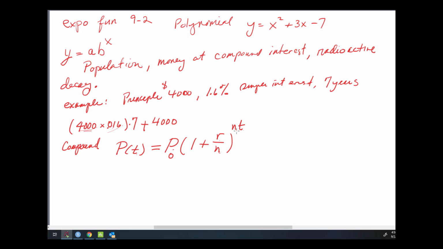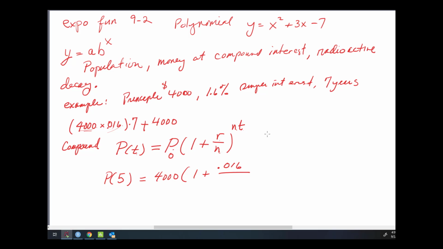And so if we are interested in the amount of money that we would have earned at the end of 5 years, then our formula would look like this. It would be 4,000 and then 1 plus 0.16 is the interest rate.